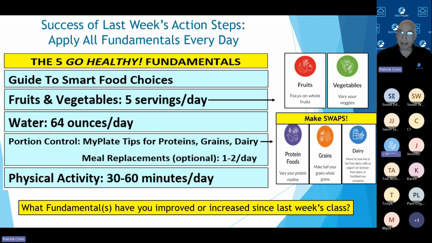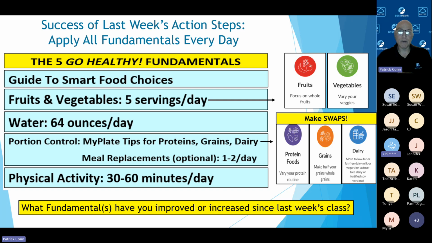And another way to maximize your success is also to really think about your proteins, your grains, and your dairy, making sure you're not only controlling the quantity of those, but you're controlling the quality. And that's where you can really apply those My Plate tips for these 3 food groups to help you make those swaps.